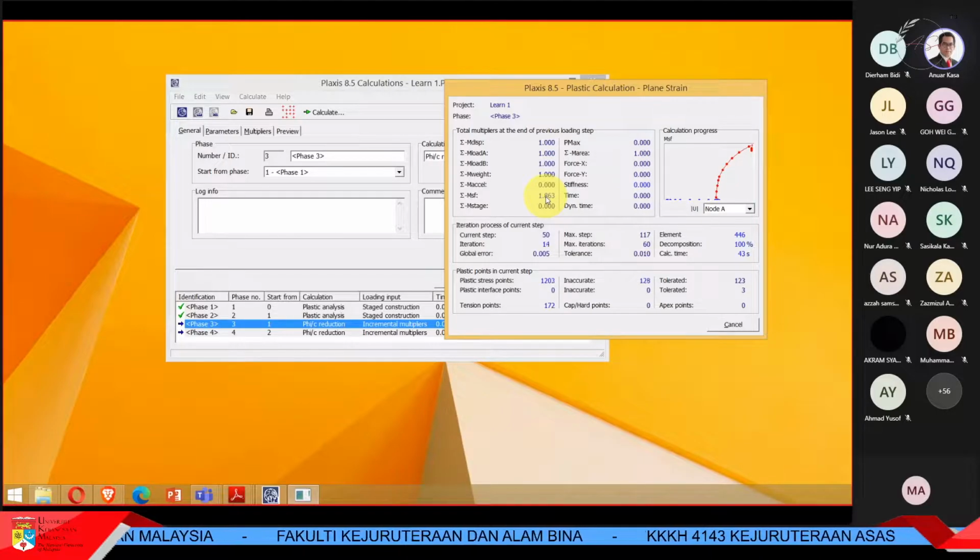Okay, we are waiting. Actually it's taking time because the number of elements is a lot, we use the fine mesh, and my laptop is also not the latest one, it's not even i3, less than i3, so you can still run Plaxis. So now current step is 75.